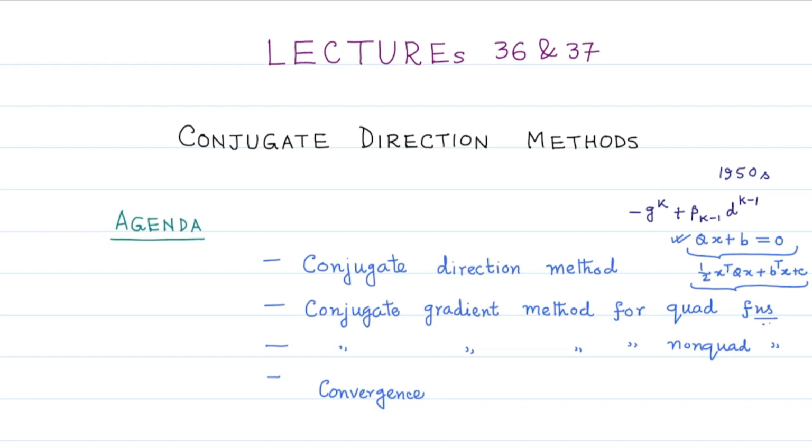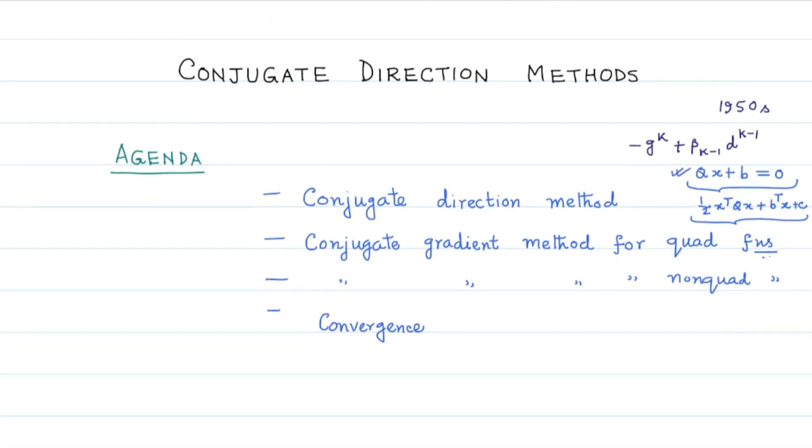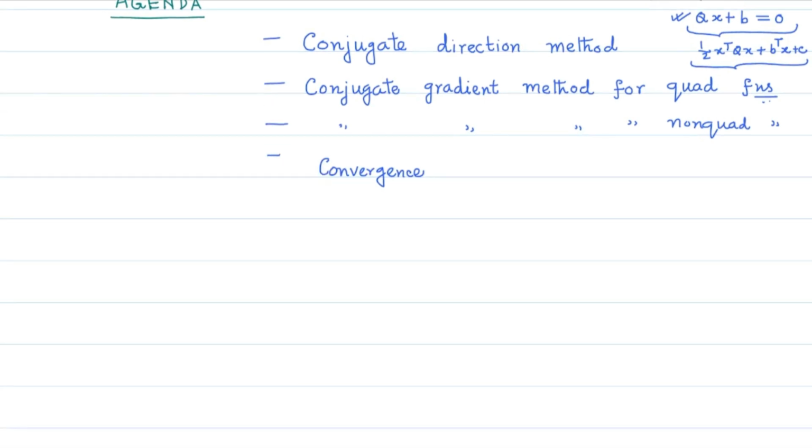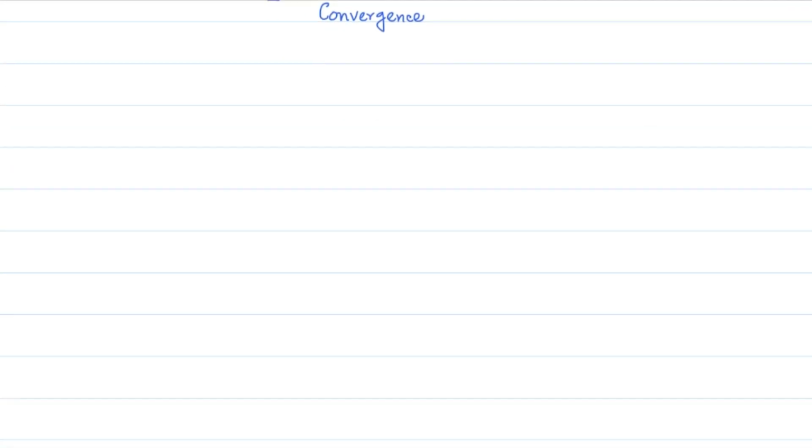Towards the end of this lecture, we will get to know several properties of conjugate gradient methods: the convergence nature, the local convergence rate, the global convergence analysis, and the descent property or quadratic termination property. Let's start our discussion with the basic conjugate direction method, and then from its ideas we will discuss the conjugate gradient method.